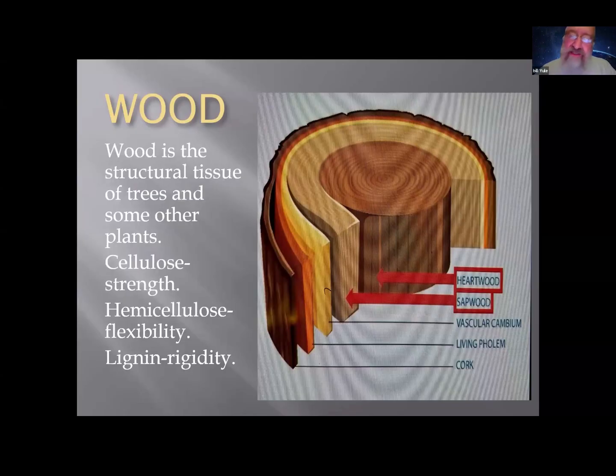I'm not going to dwell on this slide, but the heartwood of wood is mostly dead cells, and it has low moisture content. The sapwood of wood has live cells, and it conducts water, and it has a high moisture content. And so that keeps fungi out.